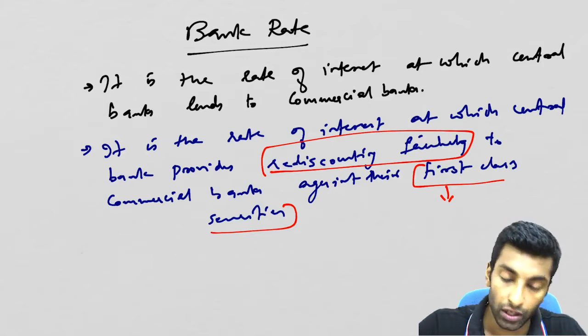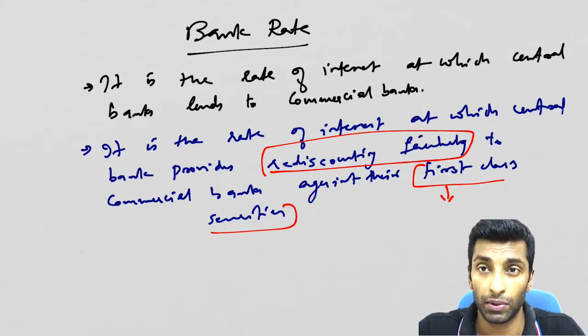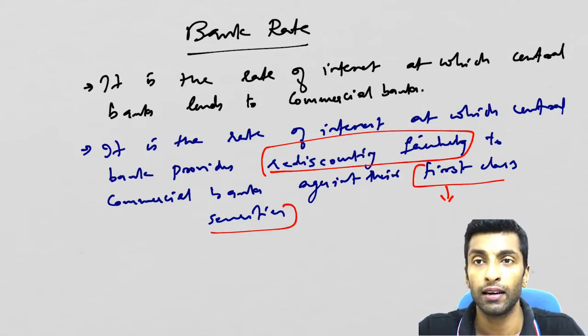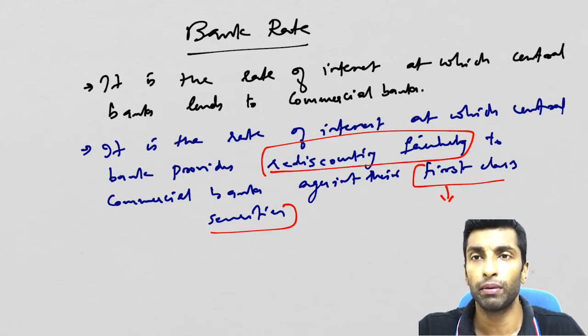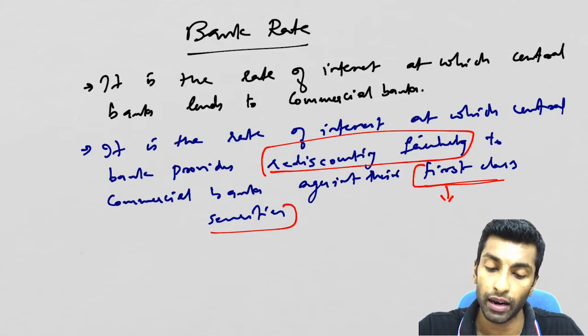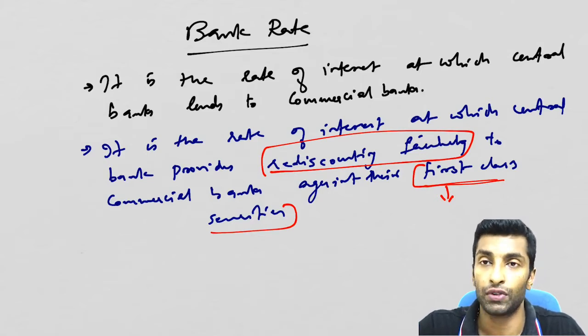We have already talked about government securities when we discussed SLR. Banks have to maintain SLR in the form of government security or gold or cash, but banks prefer government security. Here I am talking about first class security. First class means private or non-government securities.